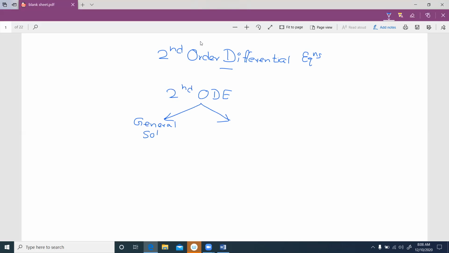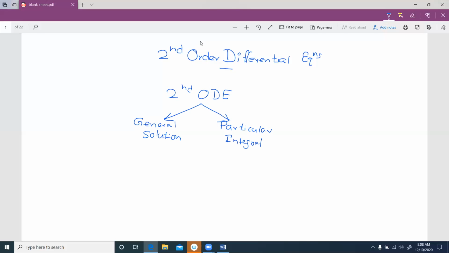Initially, we have to find the general solution. Then we have to work out the particular integral. The second part is called the particular integral.